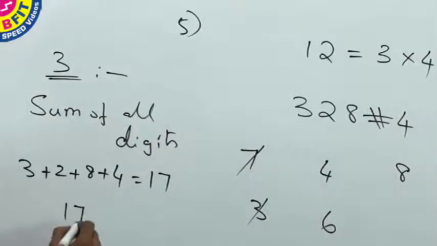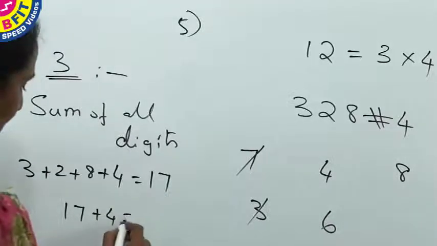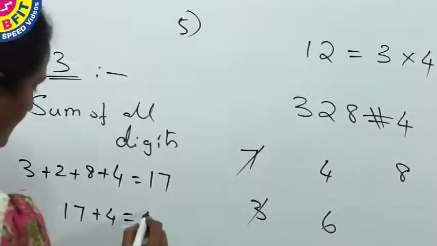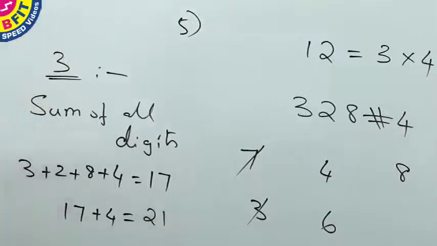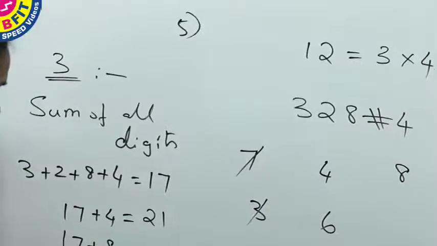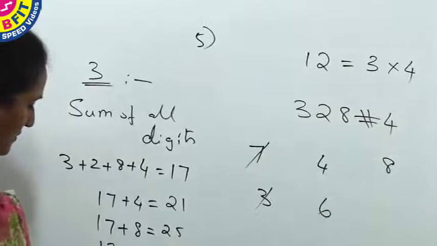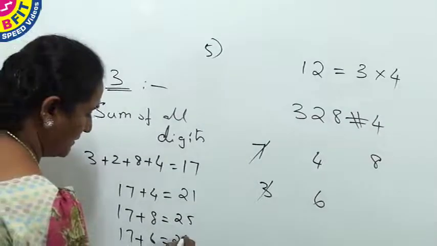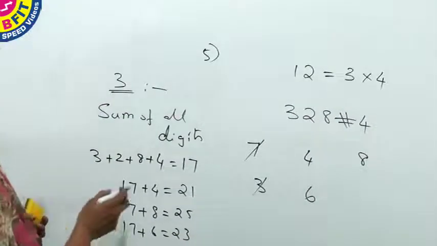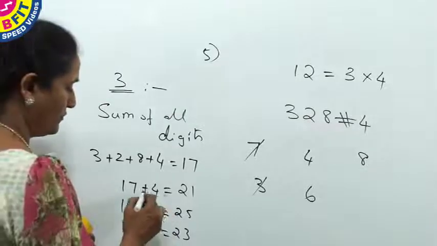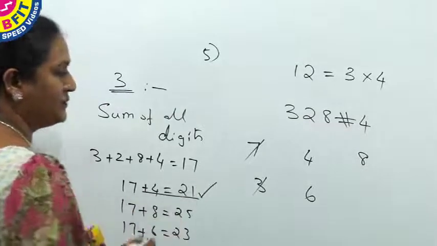With this 17, if you replace the hash with 4, you get the sum as 21. If you replace it with 8, it is 25, and with 6 it is 23. So the hash can take the value 4 so that this 21 is divisible by 3.